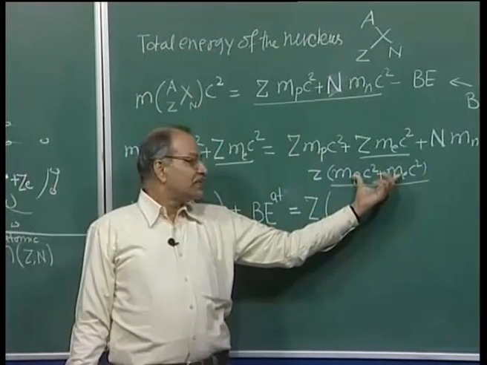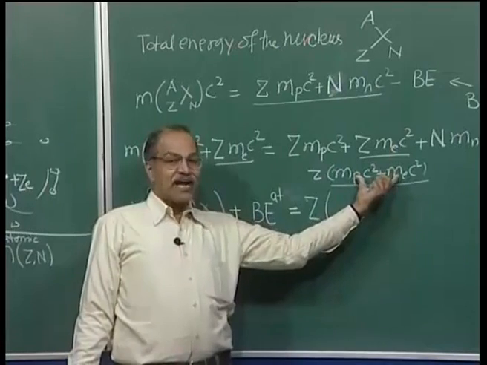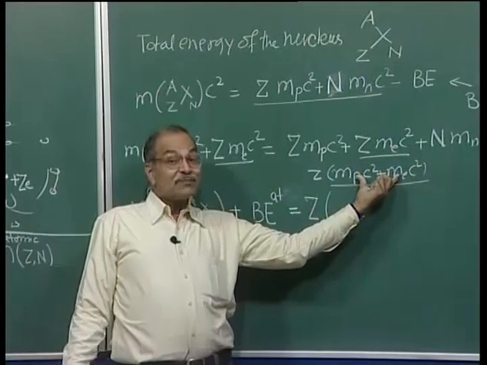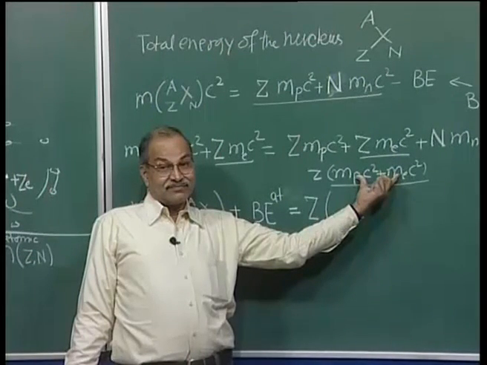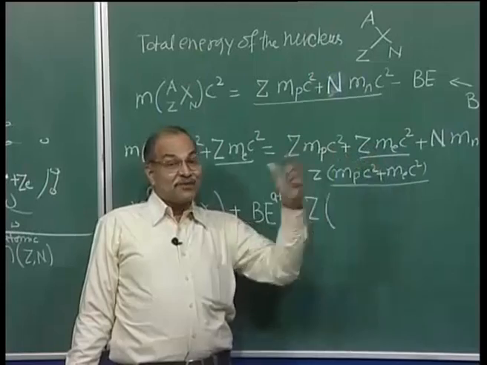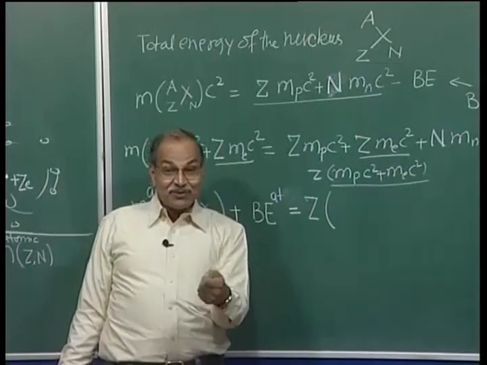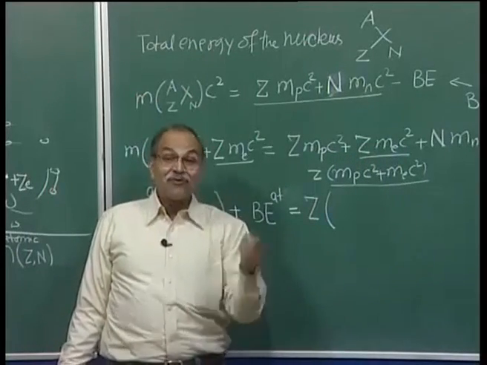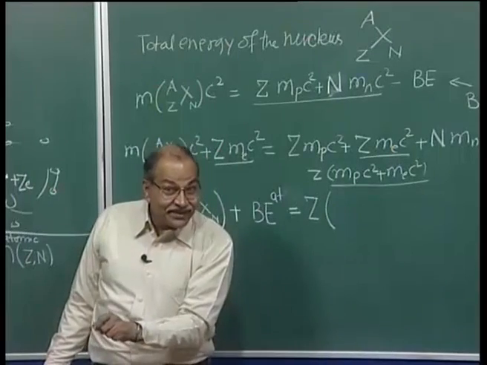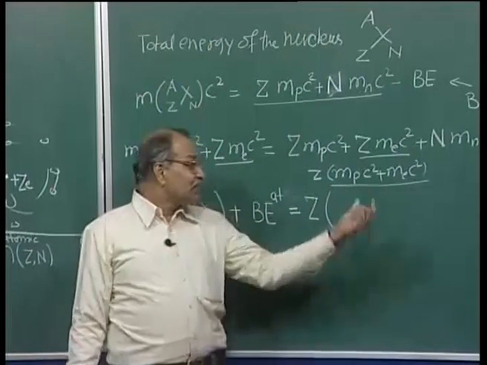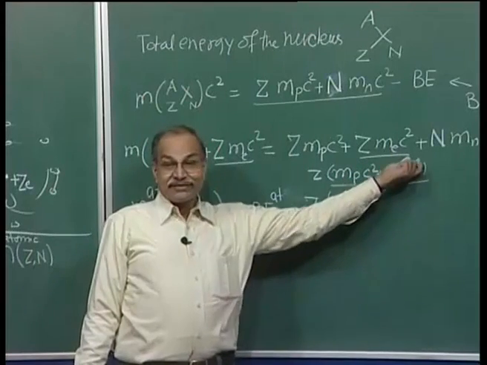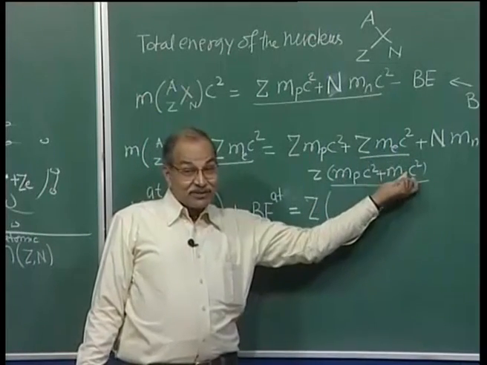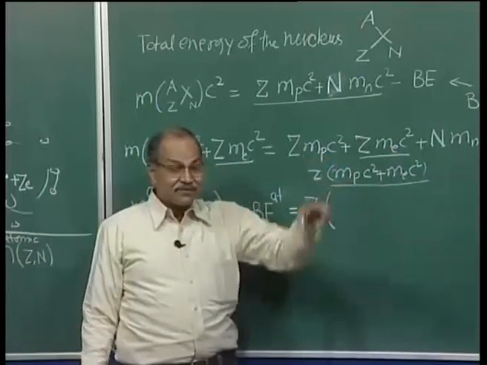So, this quantity is the mass of the hydrogen atom plus the binding energy of the hydrogen atom. Because the mass of the hydrogen atom is the mass of the proton plus the mass of the electron minus that atomic binding energy, 13.6 eV. So, the mass of the proton C square plus the mass of the electron C square will be the mass of hydrogen plus binding energy.